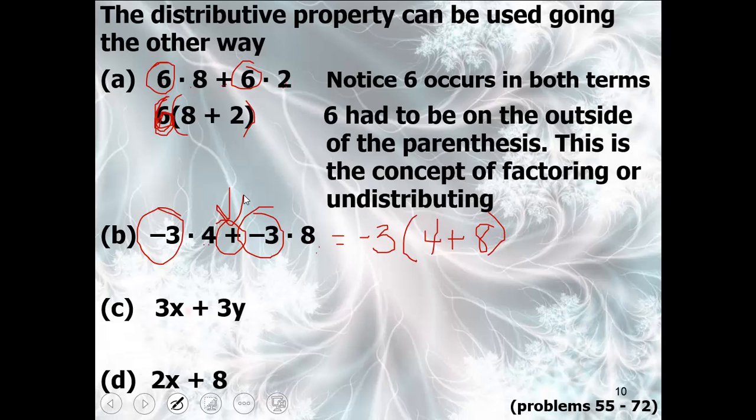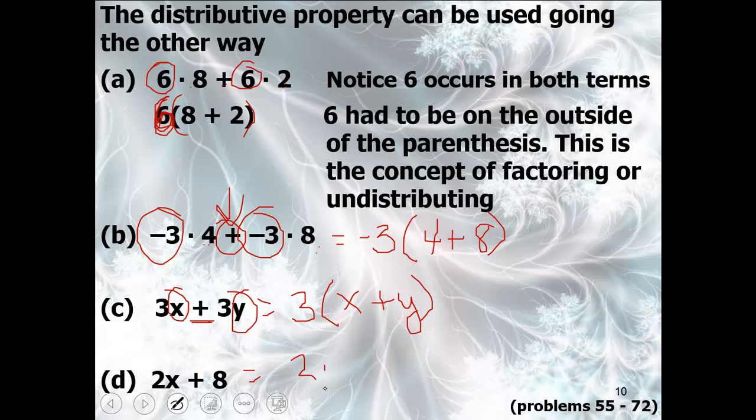C, look for what's common and pull it out in front of the parenthesis. So I have 3 as common, which leaves x plus y. Just like so. Okay? Now D is a little bit more difficult. Try rewriting 8 as 2 times something.